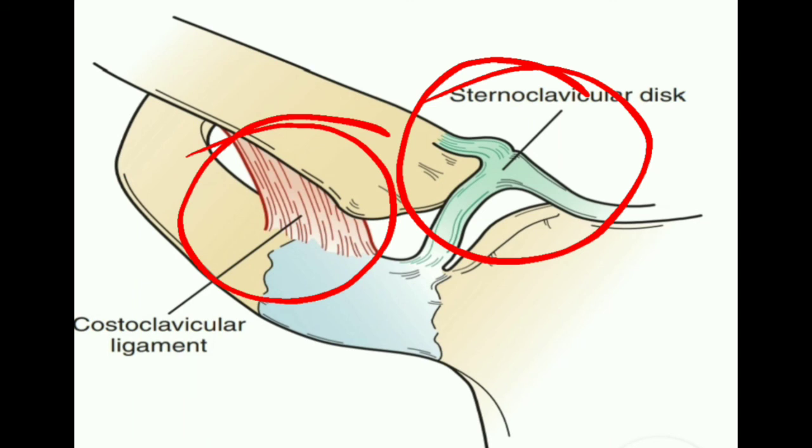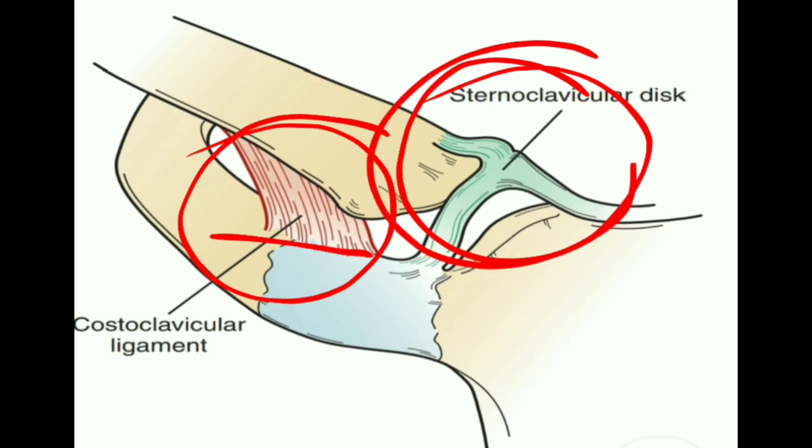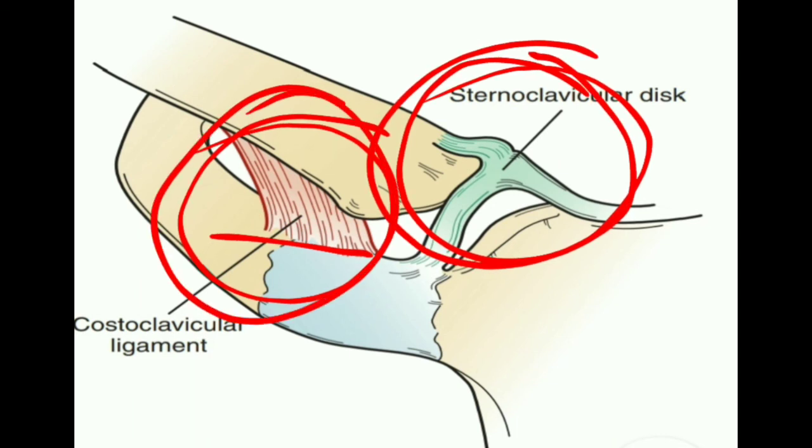The costoclavicular ligament is the strongest ligament in the sternoclavicular joint. So the disc and the ligament dissipate the excessive force acting on the joint, so there is less degeneration and very little dislocation.